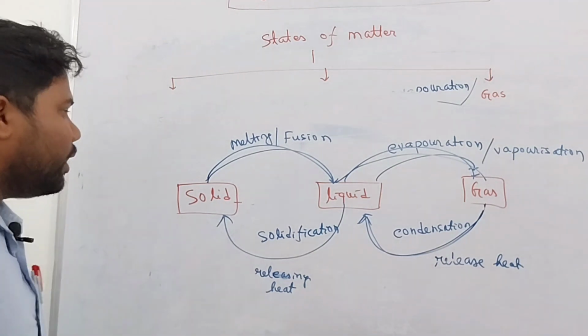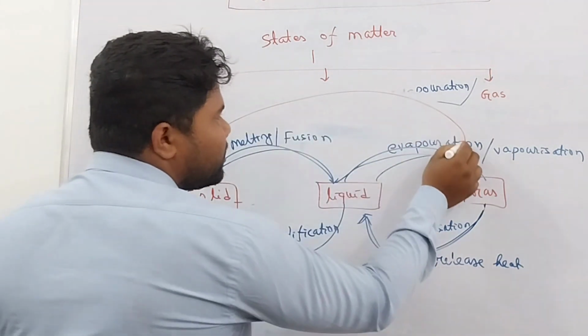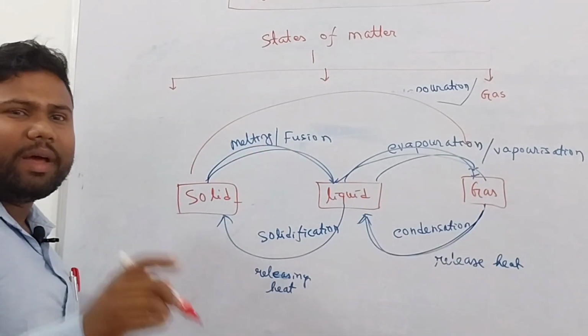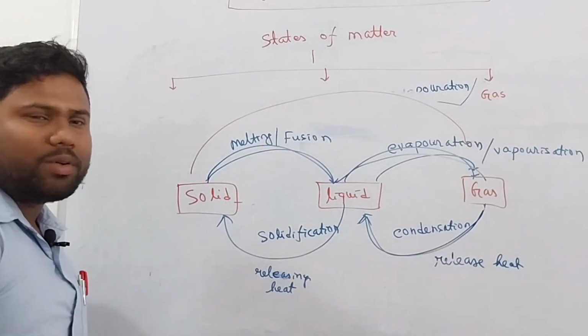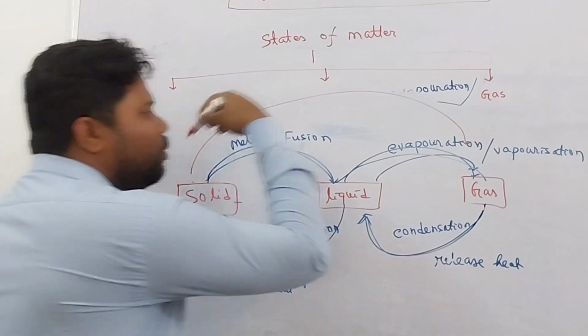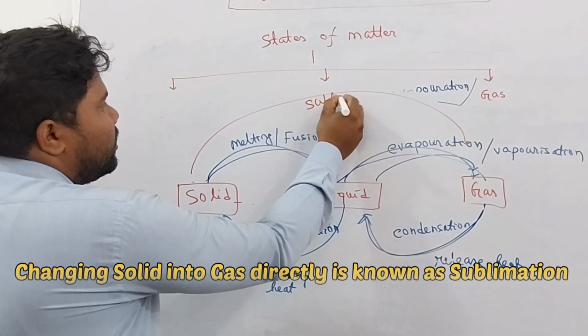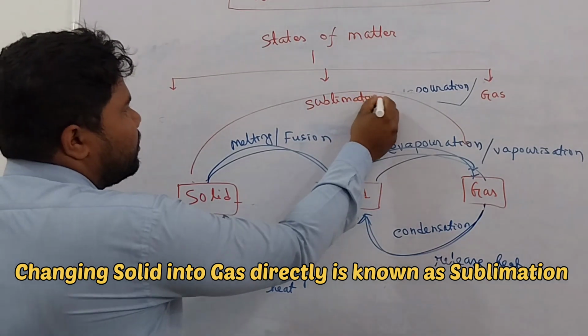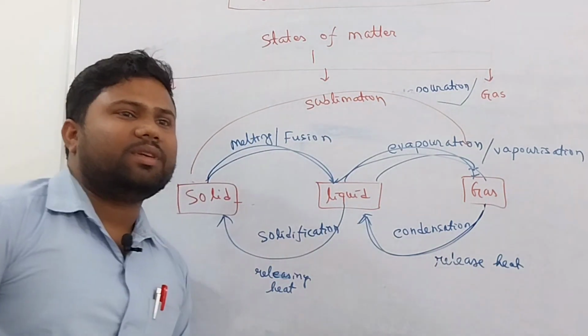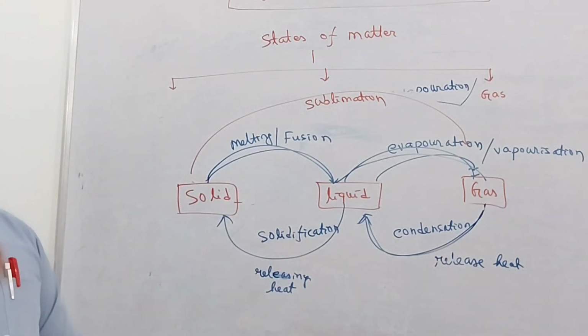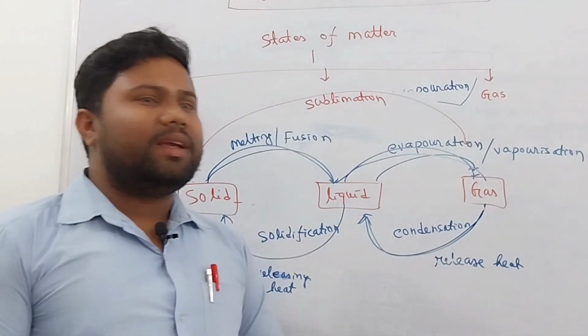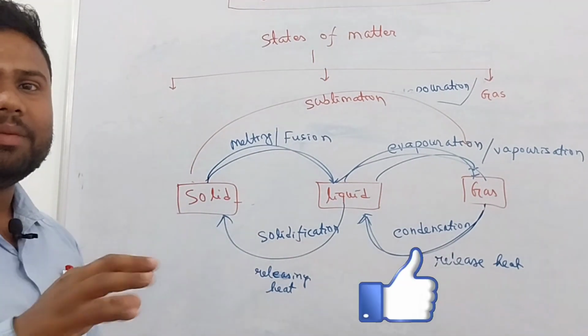Acha, one more thing. Can you change the solid state directly into gas? Yes, there is another physical process to change from solid to gas directly. This process is known as sublimation. Many times in class 9 examinations, the question is asked, give an example of the sublimation process.